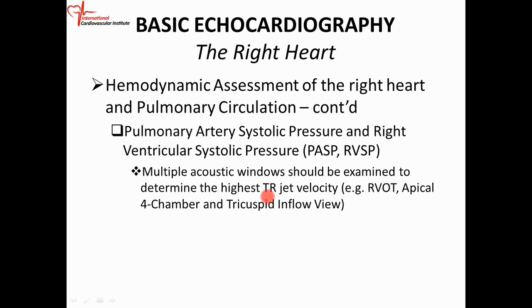But one of the best views to get maximum TR is the right ventricular inflow view. Okay, but you're also going to get it from the short axis view at the level of the aorta, where you have the tricuspid valve right there. You're going to get it in the 4-chamber view. You can get it from the subcostal view. But you'll get your highest velocity in a lot of situations in the RV inflow view.